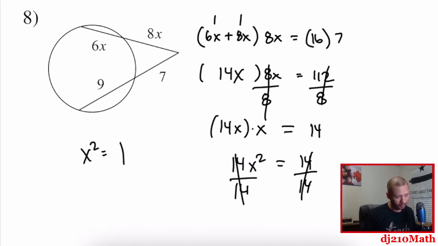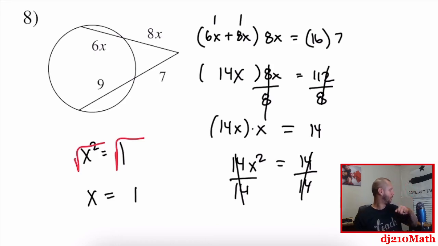So we don't want x squared, we want x. So I have to square root both sides, because that's the only way to isolate x. So x is equal to, square root of 1 is just 1. However, if you introduce a square root when there was no square root, you have to do plus or minus.